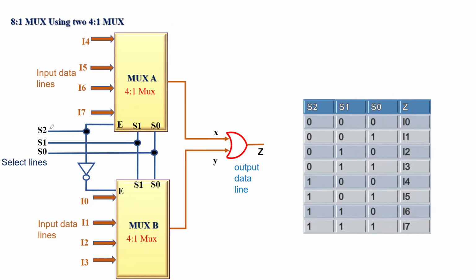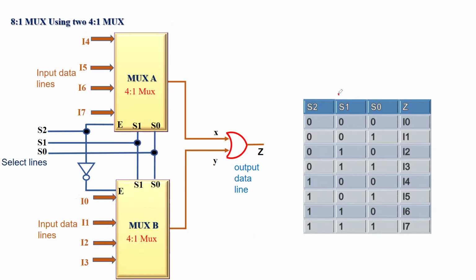So let us say when S2 is equal to 0, the 0 goes here and that turns off this chip, it doesn't turn it on. However, for this chip, the 0 becomes 1 due to the inverter, turning on MUX B. When MUX B is on, it is ready to transfer the data lines at the input to the output Y and eventually to Z. Now whether it transmits data from I0, I1, I2 or I3 depends on the combination of S1 and S0.